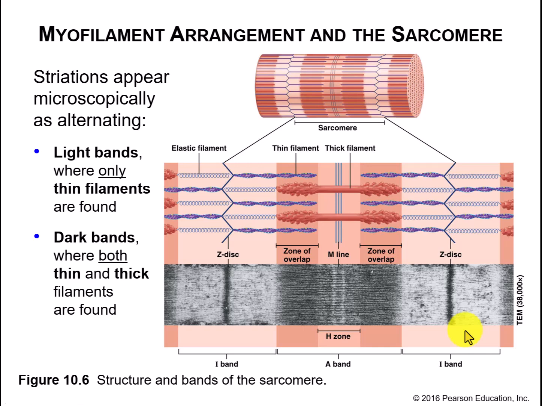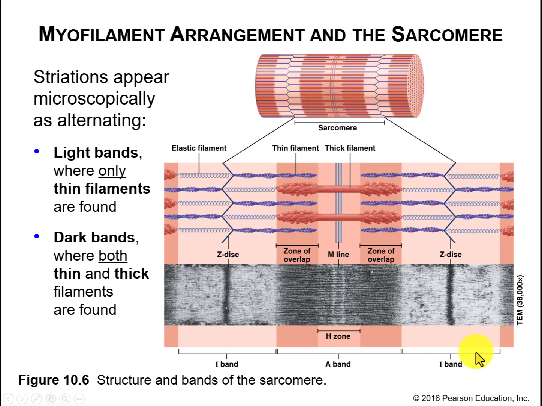Some other areas that we need to look at within a sarcomere. The M line is the middle line, M for middle. And the H zone is the area where there is no actin. Notice with our I bands too, as I pointed out earlier, only actin. So H zone, no actin.